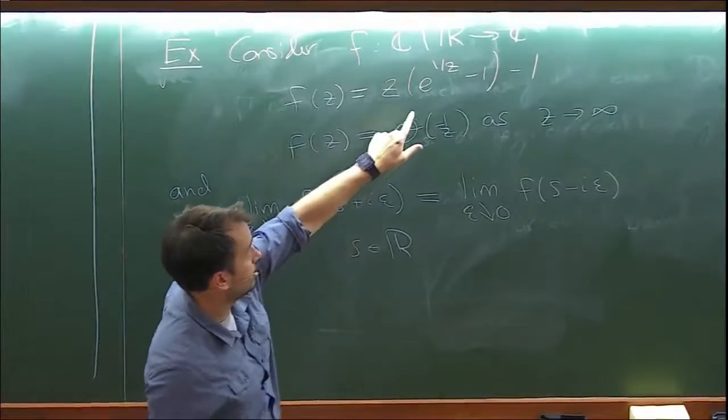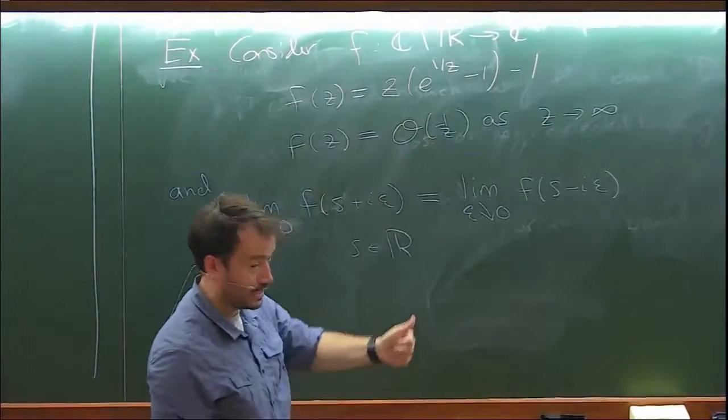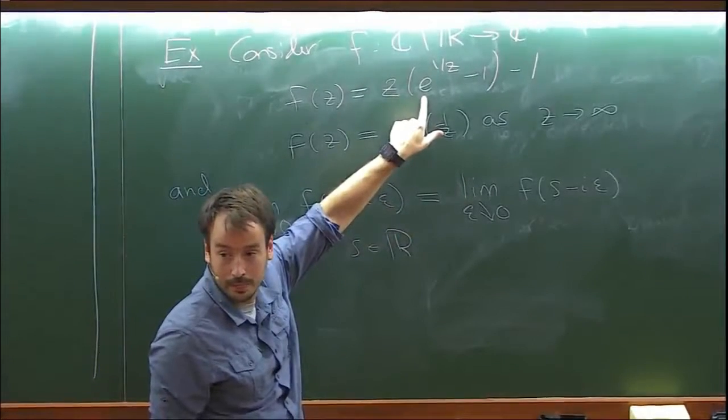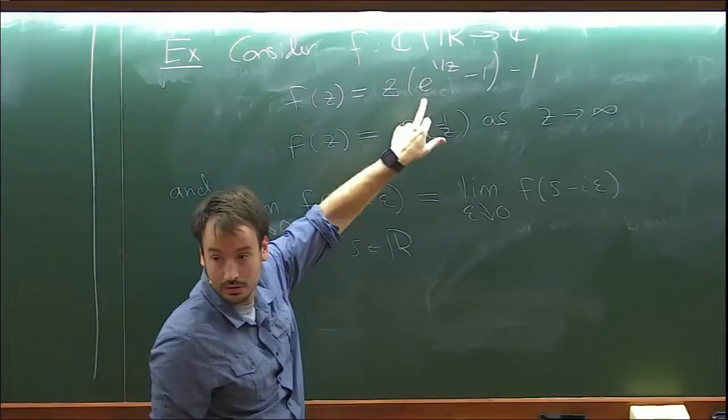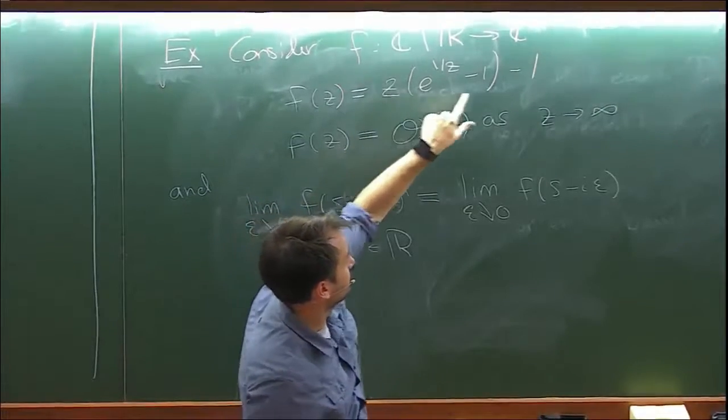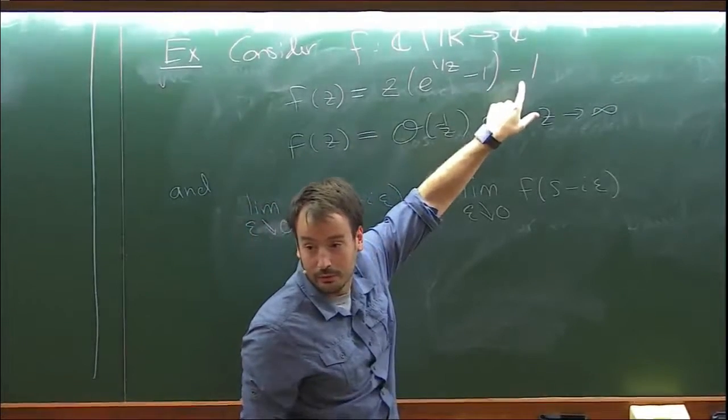Right, so along the imaginary axis this is oscillatory and bounded, so this goes to 0. And then this goes to, so I get -1 for my limit from above and below.